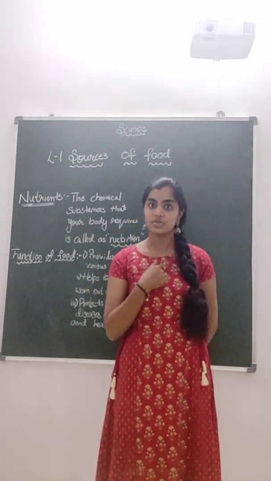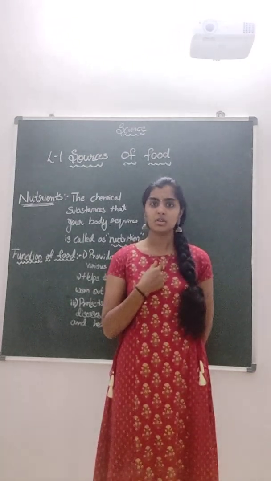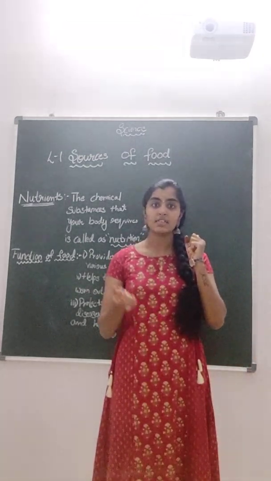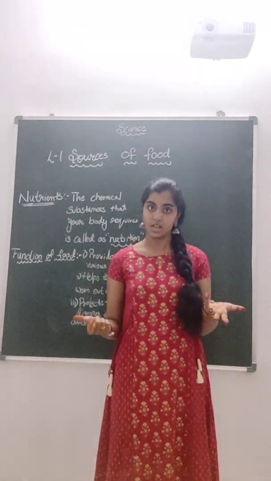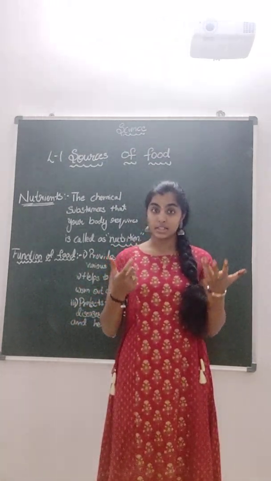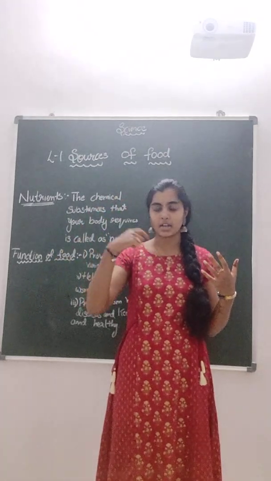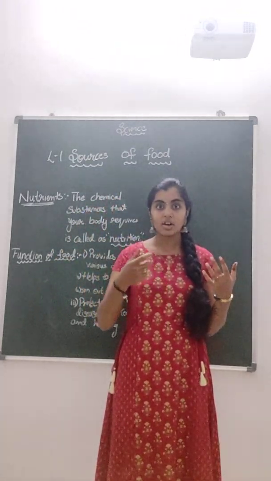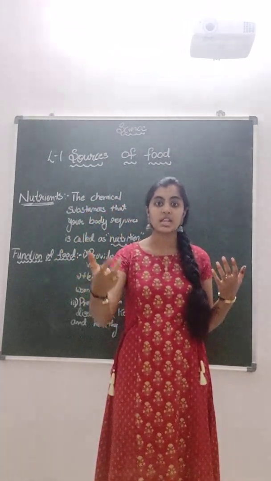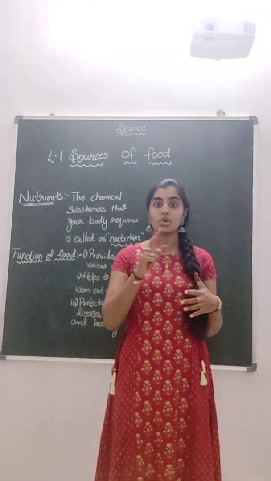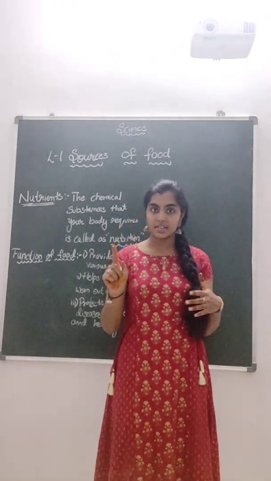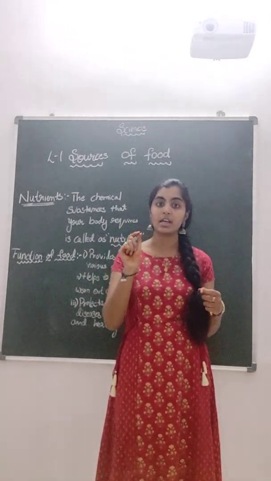Can we produce food on our own? No, we can't capture carbon dioxide, we can't capture sunlight, and we don't have chlorophyll to make food. So we take the food prepared by the plant. We take that plant or the vegetables or fruits coming from it and we eat that. So plants are the only living things which produce food on their own.